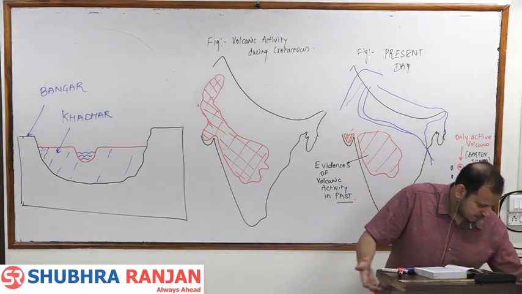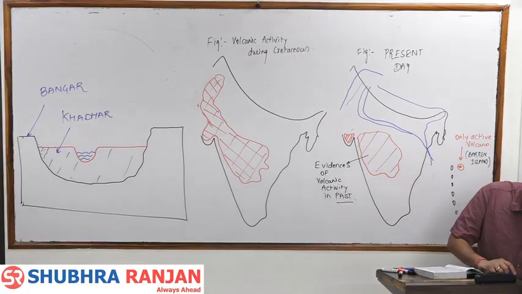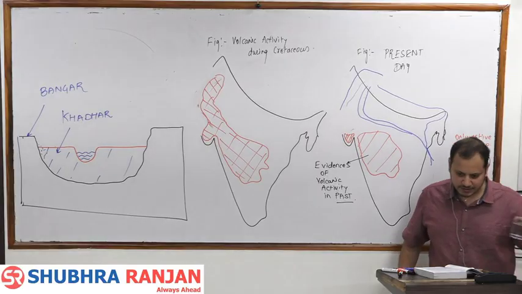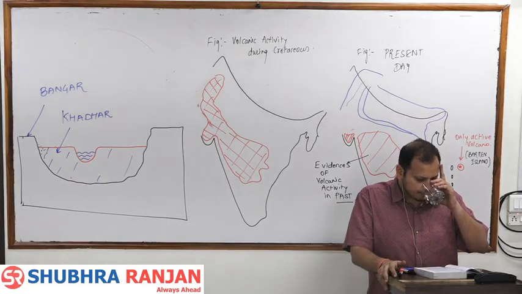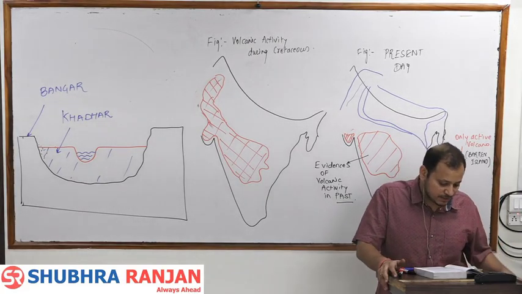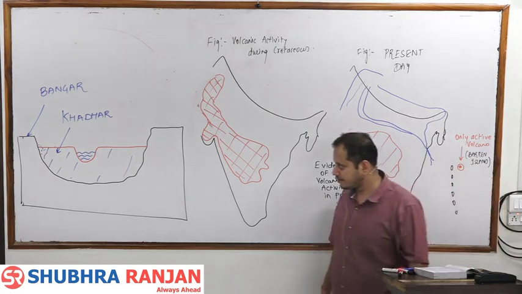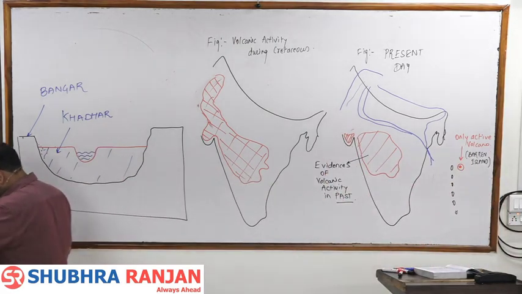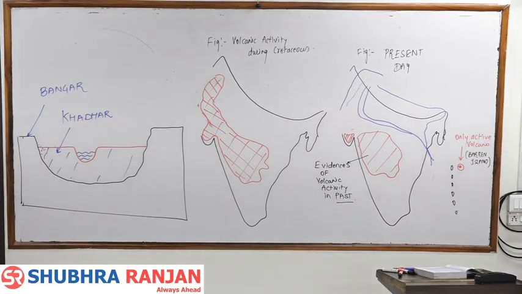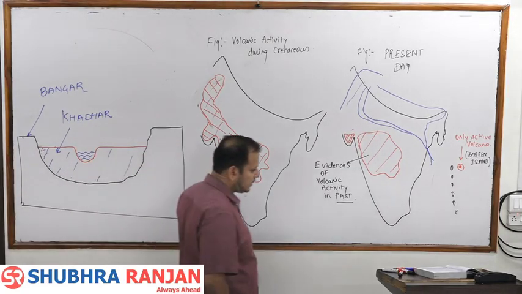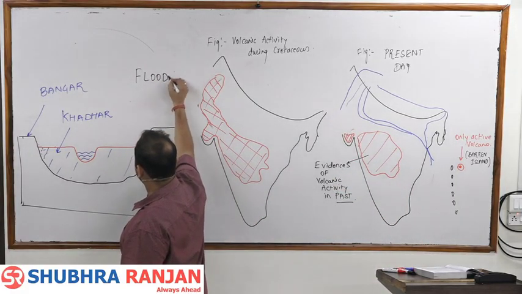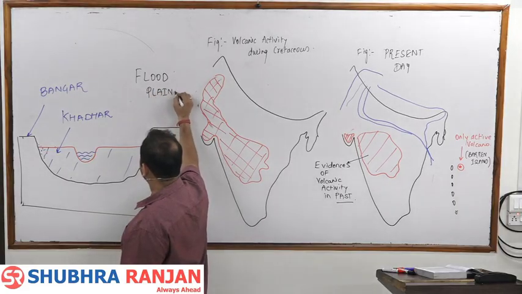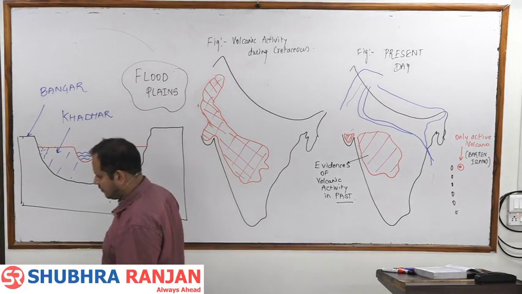Major rivers of the world, including those of North India, were much extensive or much larger, and formed bigger flood plains.